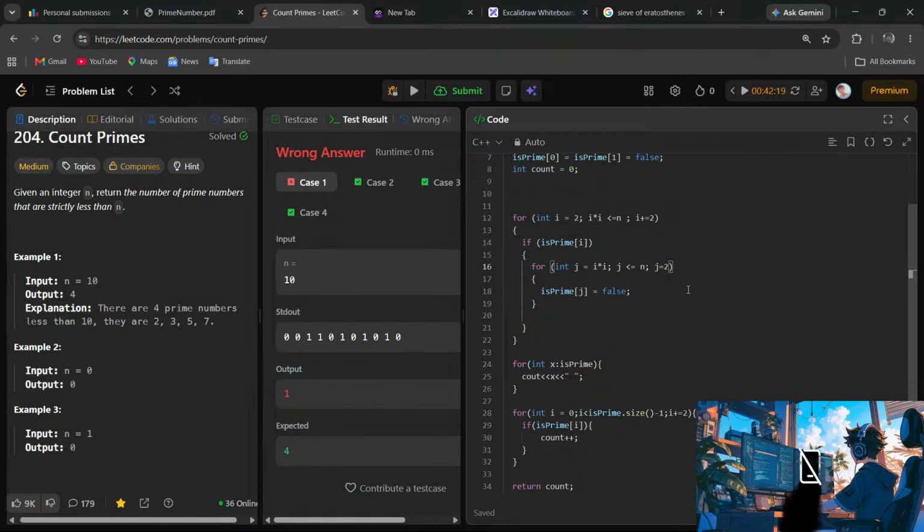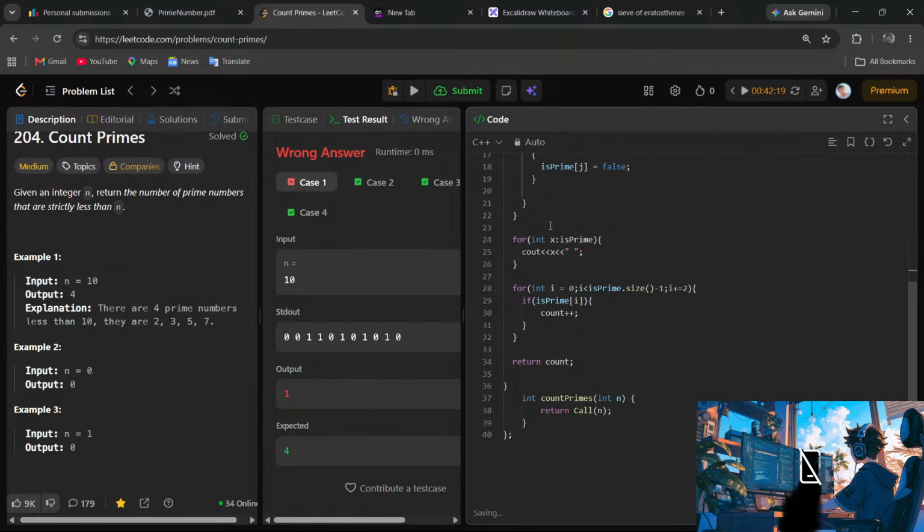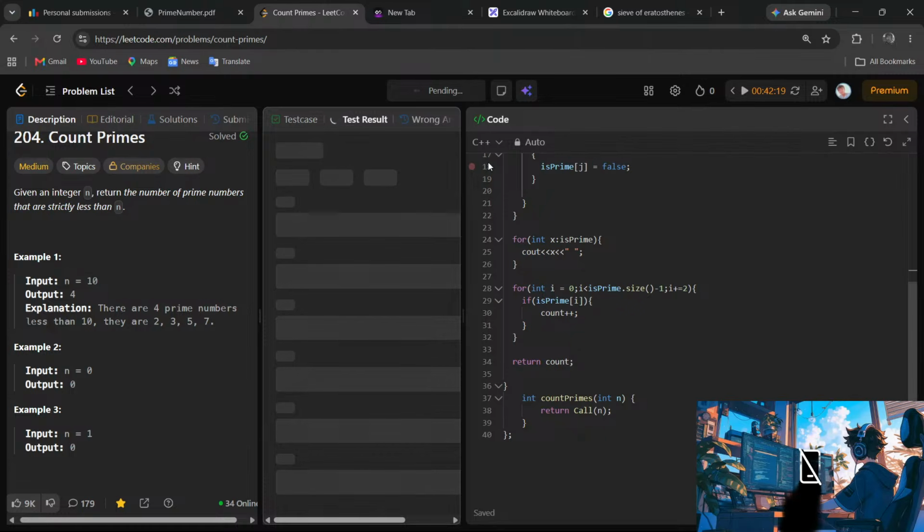Like 2 into I, na? 2 into I. But I have to add something. J is equals to 3 and J plus plus. Oh, what? Something is wrong.